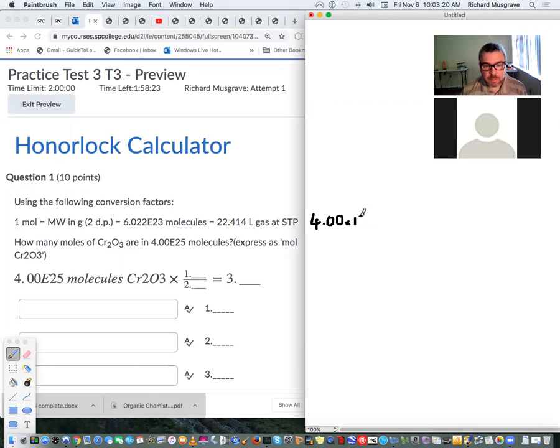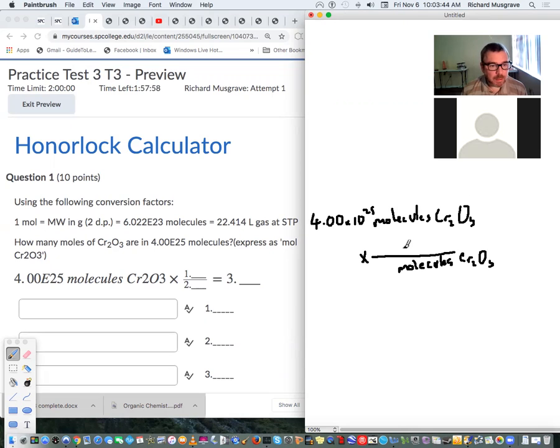4.00 times 10 to the 25th molecules of Cr2O3. Now you can see it's going to be one step. I'm just going to put it down here. We know what the units are going to be on the bottom: molecules of Cr2O3.